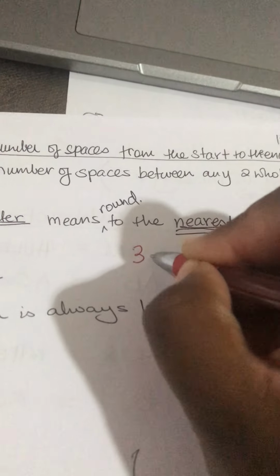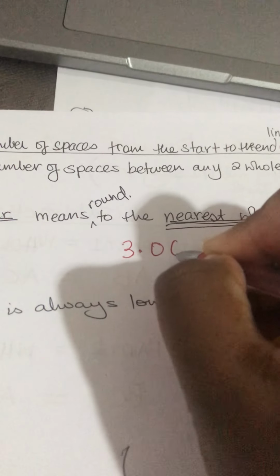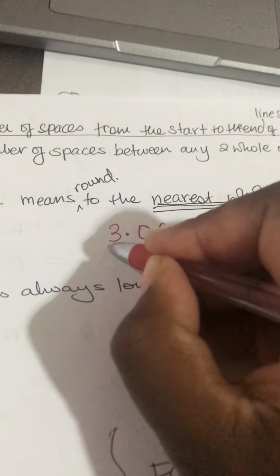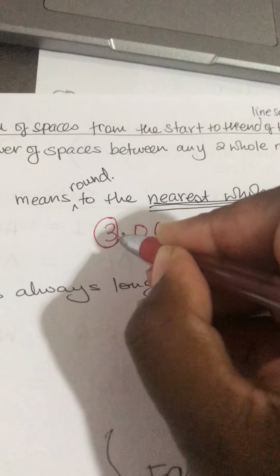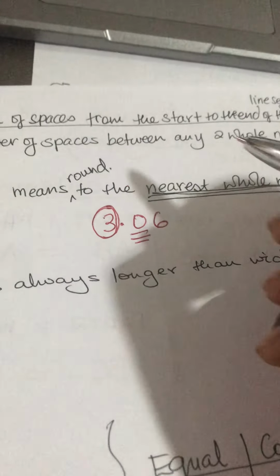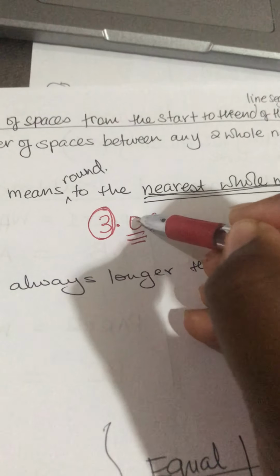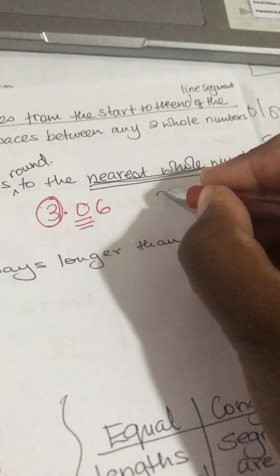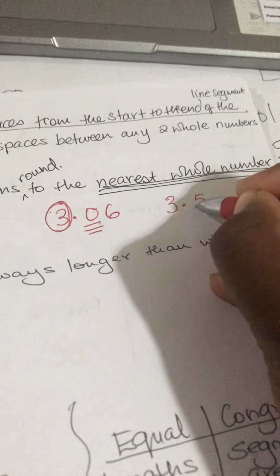So let's say I have 3.06. I always look at my ones place, and I underline my tenth place. Is this number 5 or more? No, I don't add. If it is 5 or more, then I add.